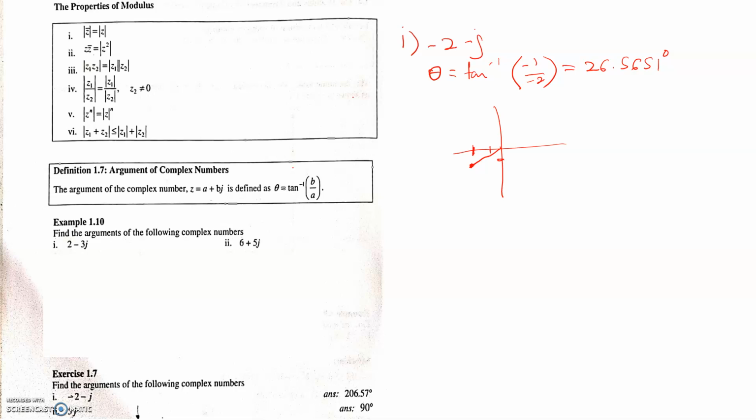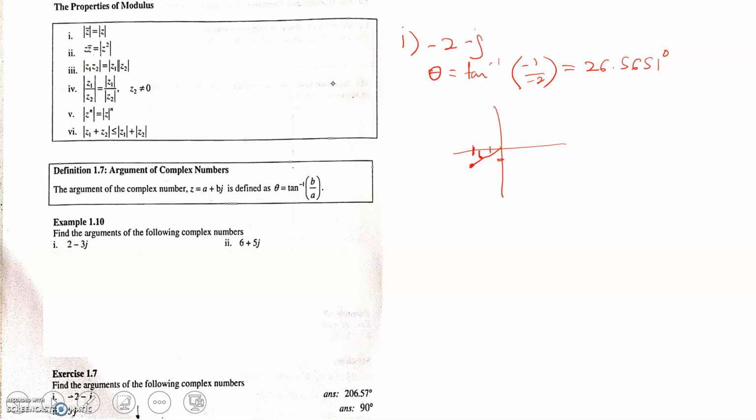26.56. So where does this 26.56 stand, right? The most logical answer should be around here. Why not start from this one or from this area? Because as you can see here, the tilt does not exceed 45 degrees yet.